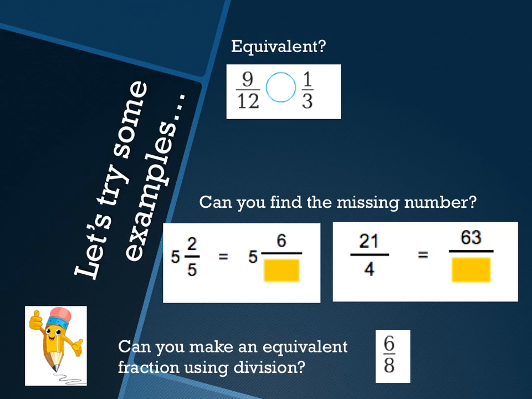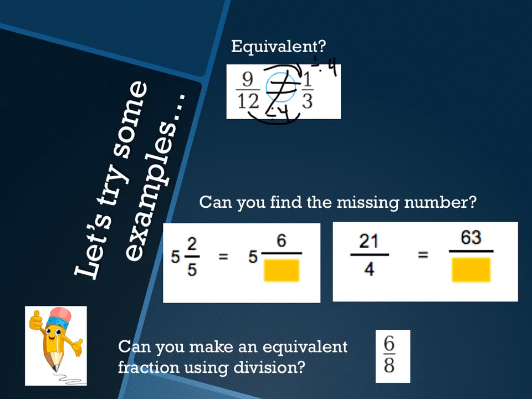Take a look at these examples. You have them on your paper. Are these fractions equivalent? If I have 9/12, I have to do 12 divided by 4 to get 3. Is 9 divided by 4 1? It's not. That makes these fractions not equivalent.